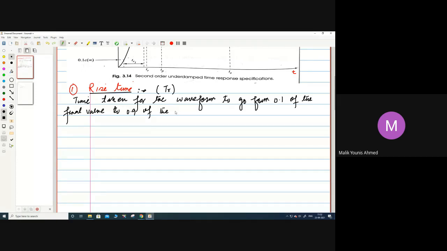So that's the rise time. Very simple: from 0.1 to 0.9 of the final value, that's C of infinity.